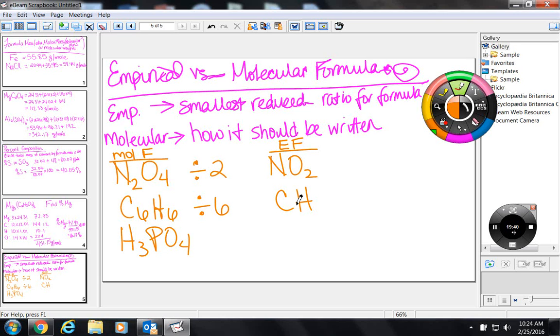Divide by 1 because the subscript on the P is the imaginary 1. All right. We okay with that type? Yeah? That's the easy type.